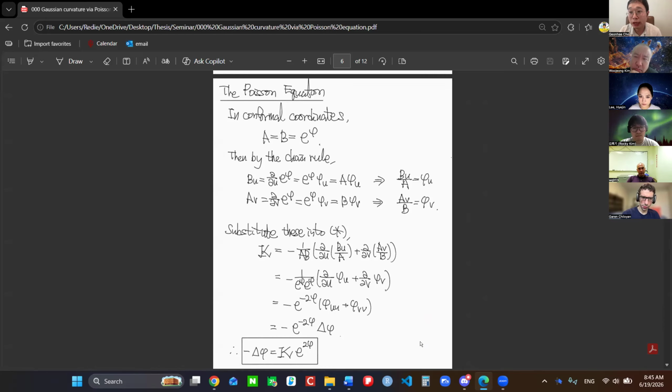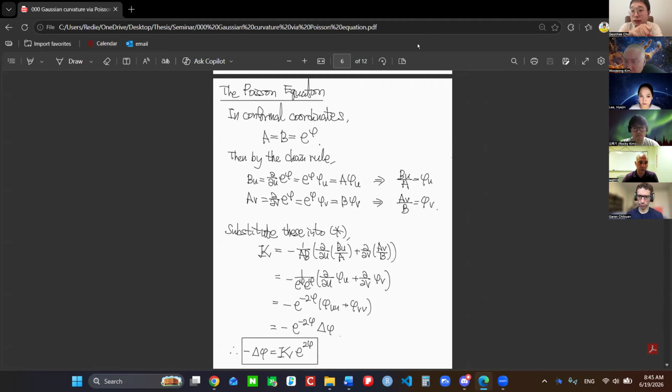From this procedure, we already know there is a solution because we started from the solution in the first place. But if we just have this PDE, then we can adopt the modern technology of PDE theory to get that there is a solution, and if the solution exists, is it unique? And how can we control the solution from the general point of view of PDE? Then this turns out to be the same information as determining the Gaussian curvature. So this is the point.